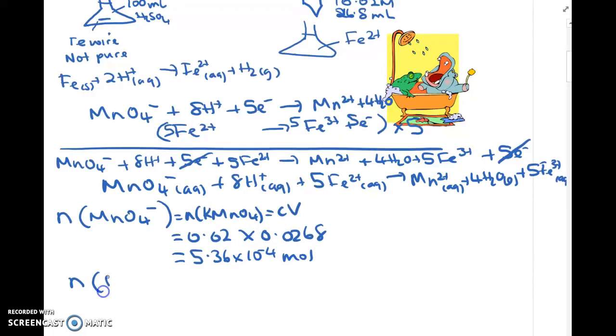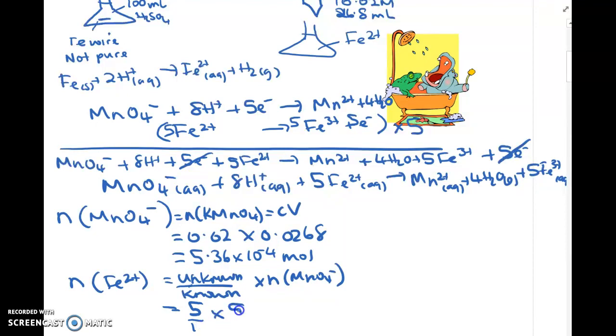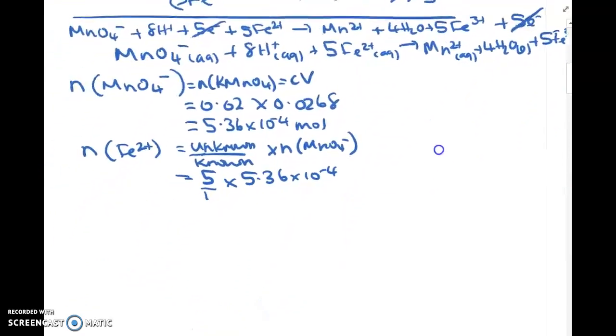So the number of moles of iron 2 will equal unknown over known times the moles of the known, which is permanganate. So that equals, the unknown was 5 over the known, which is 1, times 5.36 by 10 to the negative 4. So this will come out to be 2.68 by 10 to the negative 3 moles.